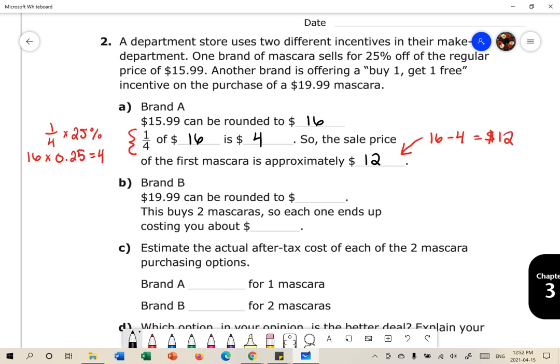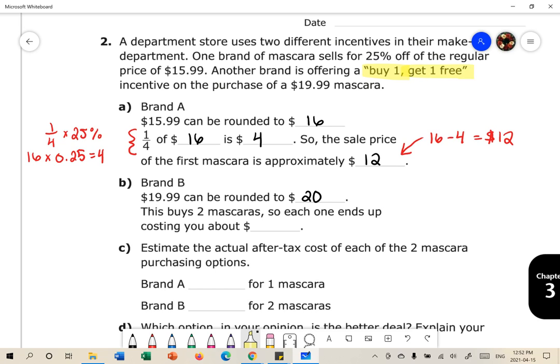Whereas brand B, their incentive is not reducing the regular price of their item. They're doing a BOGO, buy one, get one free. So $19.99 is the price of their mascara. That can be rounded to $20. This buys 2 mascaras because remember, it's buy one at $20 and then you get another one free.